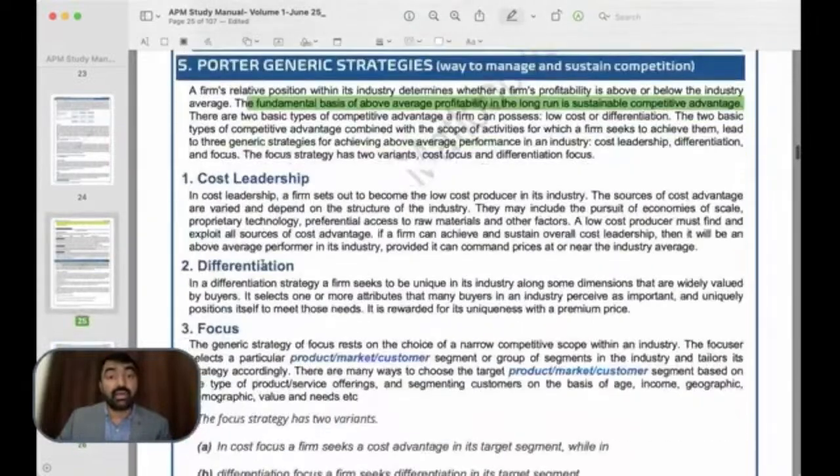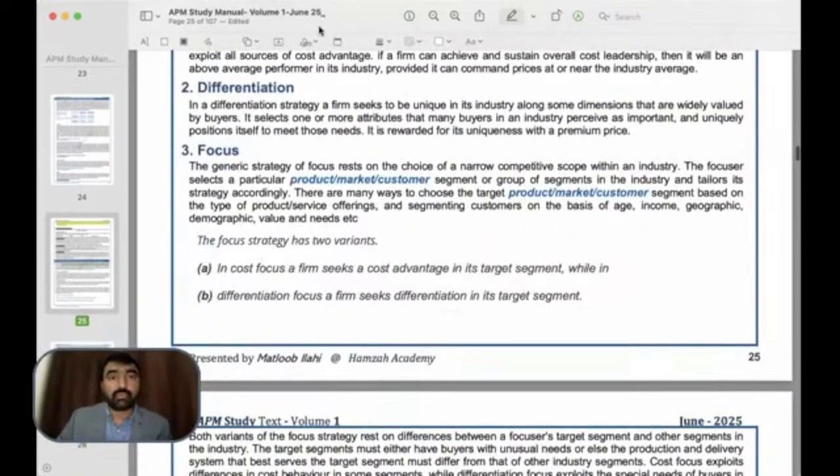I can write a note for you as well. That APM questions may require students to evaluate the existing strategy and critical success factors and KPIs.